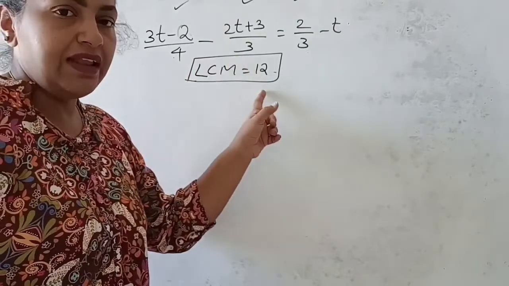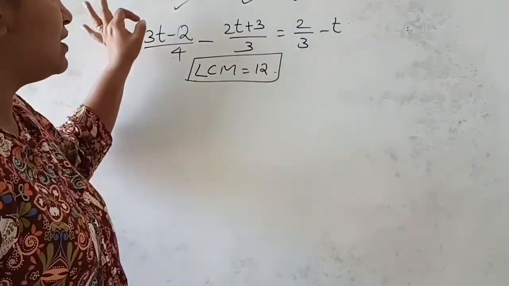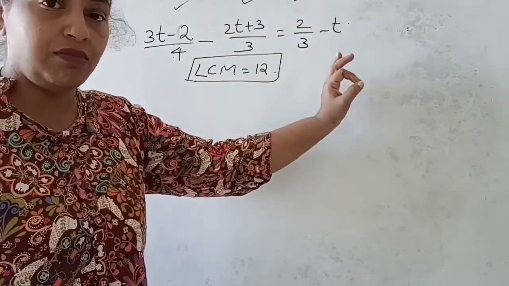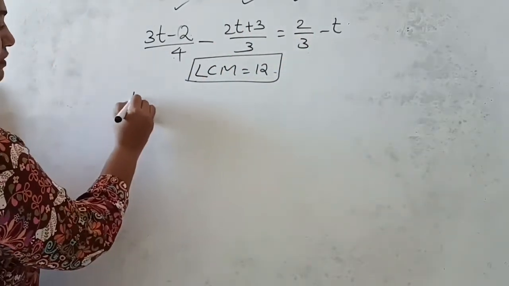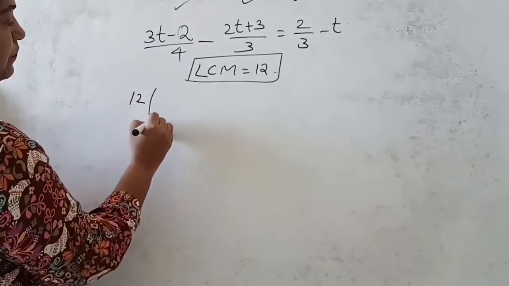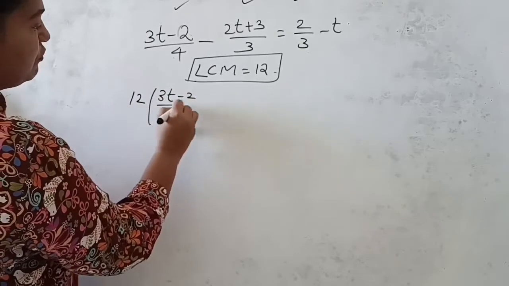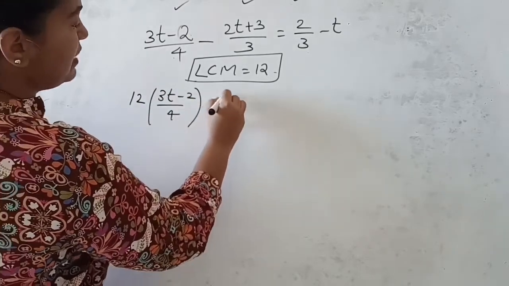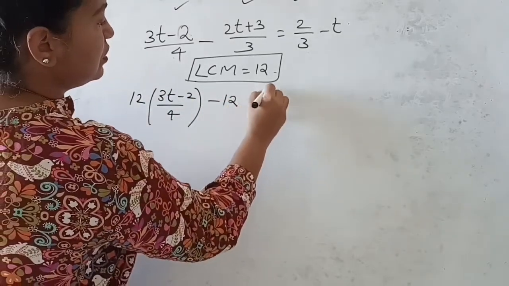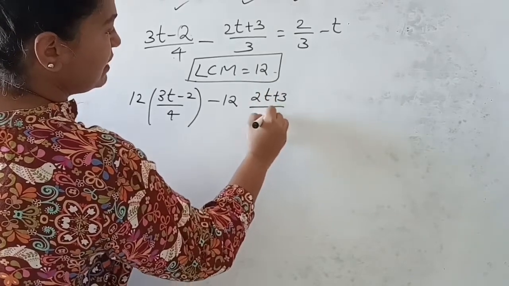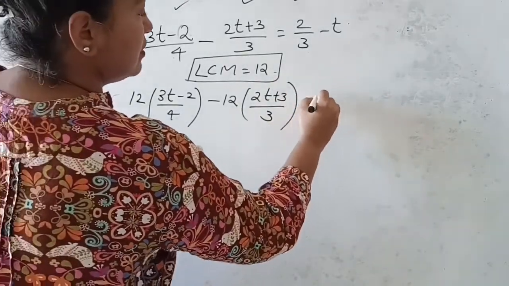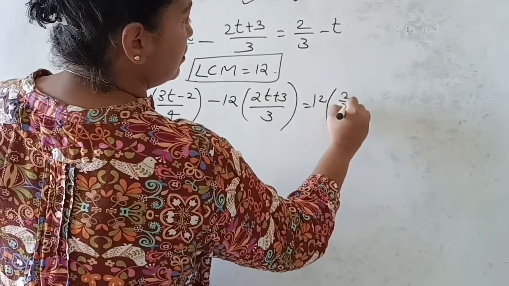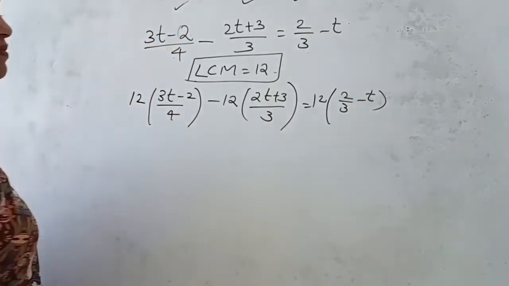Multiply with the LCM every single term on the LHS and the term on the RHS. So it will be 12 into (3t minus 2) by 4 minus 12 into (2t plus 3) by 3 is equal to 12 into 2 by 3 minus t.